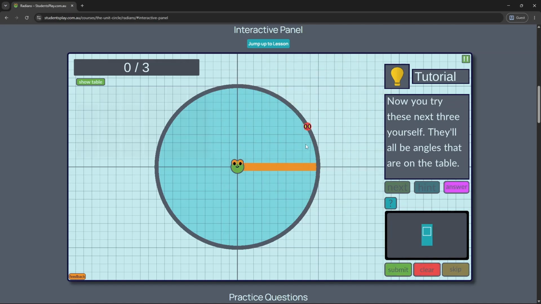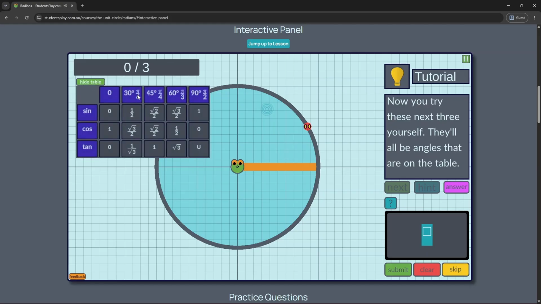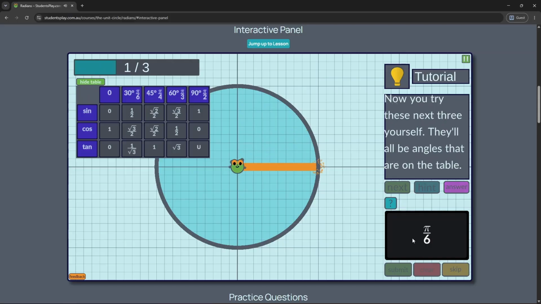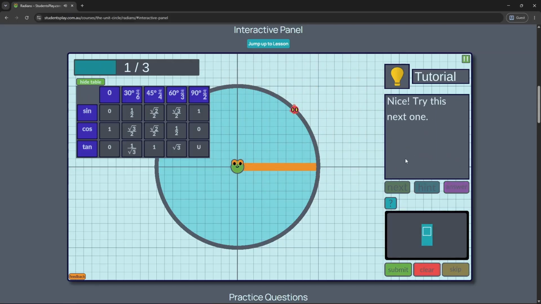Okay, so that one there looks like 30 degrees, which is the same as pi on 6. Let's do it: pi on 6. Try this next one.